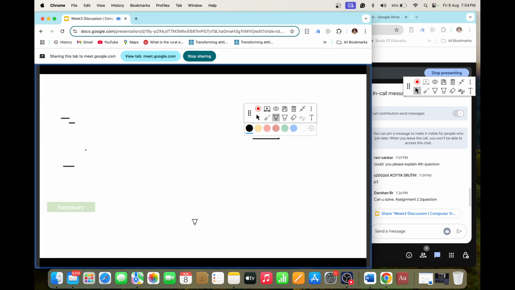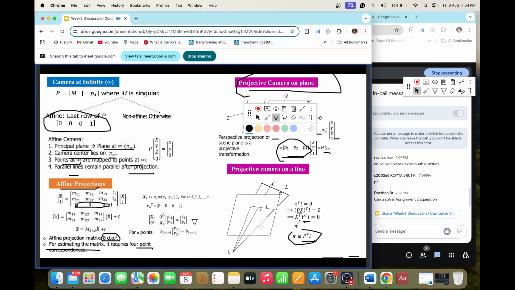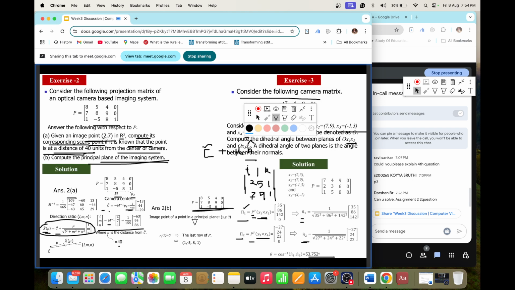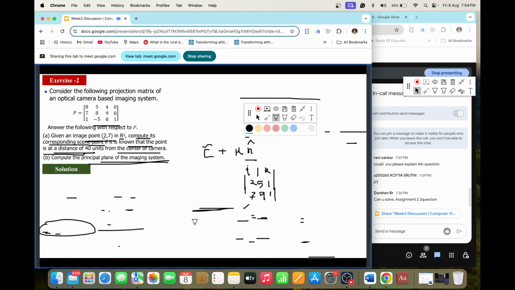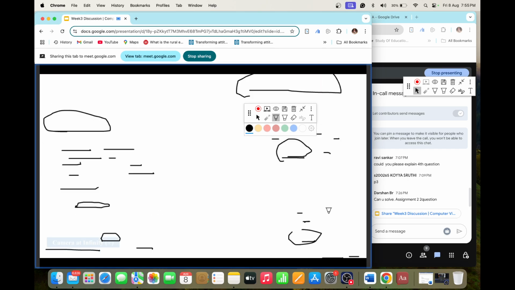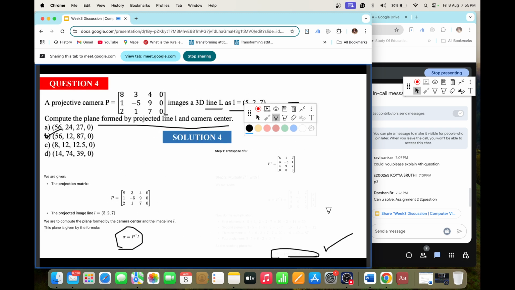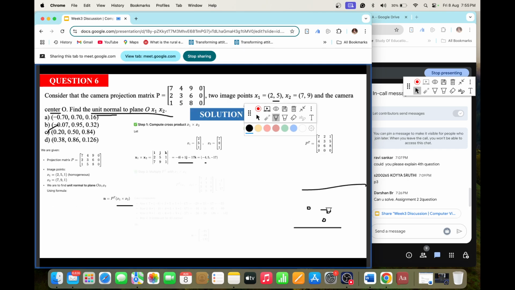I have solved the same question in exercise 1, I think, the vanishing point of a line. So just do this P into the direction ratios. The direction ratio has been given, 2 3 4, just do that and you will be getting the answer. For the direction ratio I have denoted the matrix as D.